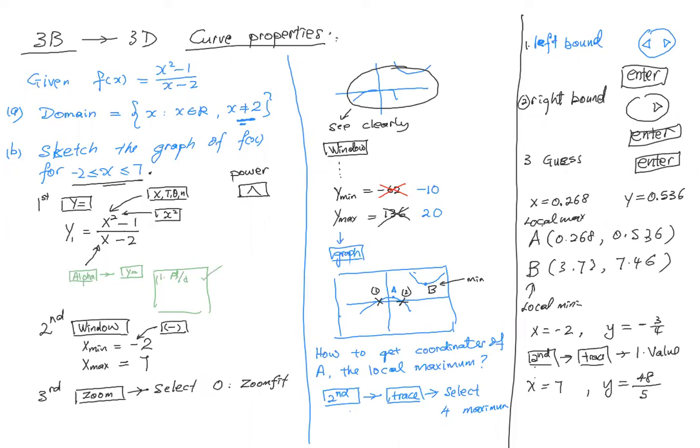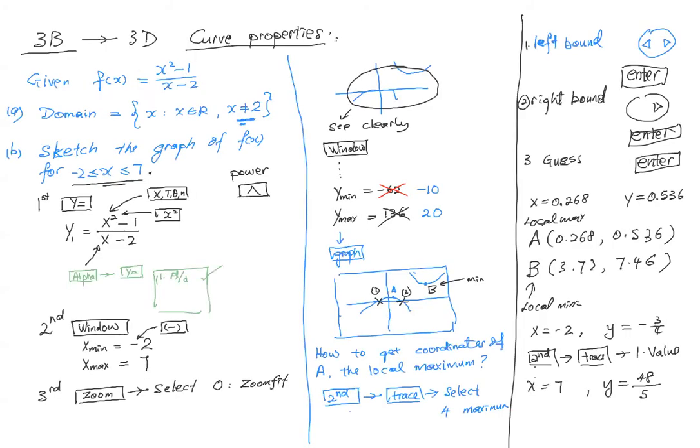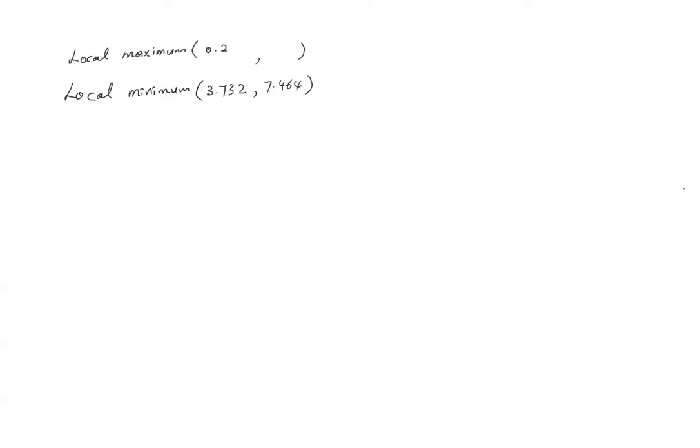Okay. I'm doing all this. I call you so that you pay attention and you get it done. Okay, so why we need to do that? Because we have to get ready this. Okay, 0.268536.